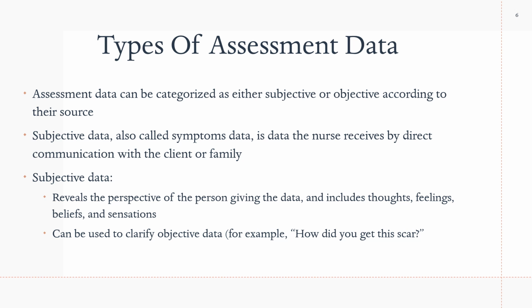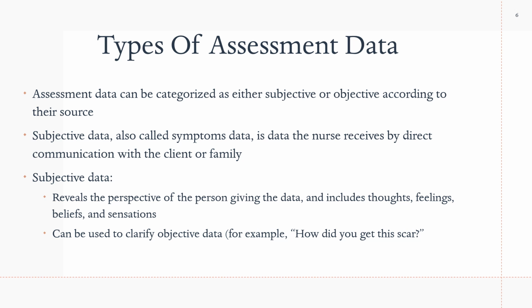This is data that the nurse receives by direct communication with the client or with the family. So subjective is what is spoken. Two S's, right? Subjective is what is spoken. This is what the client or the client's family is telling you. Subjective data will reveal the perspective of the person giving the data.